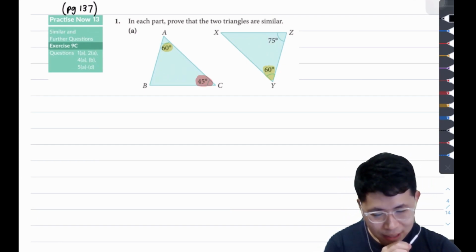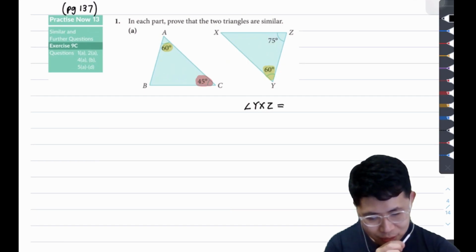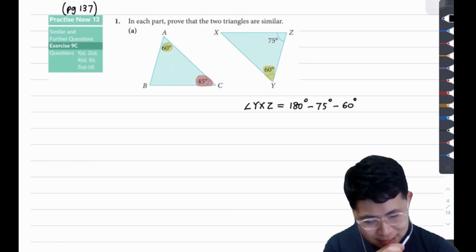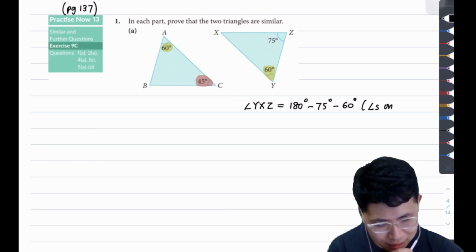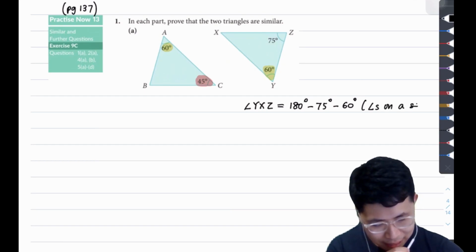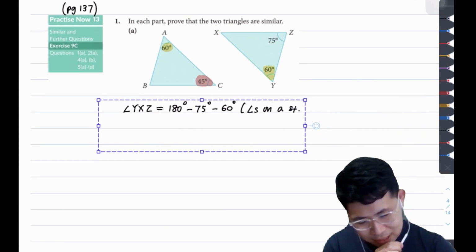So let us calculate the angle in the second triangle then. Angle YXZ is going to be equal to 180 degrees minus 75 minus 60. The reason over here is angles on a straight line. Let me pull this to one side over here.